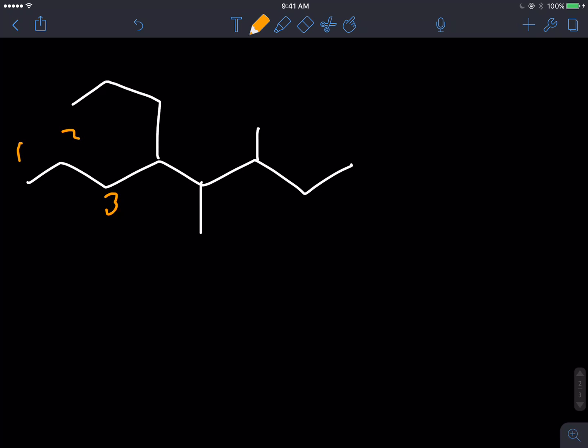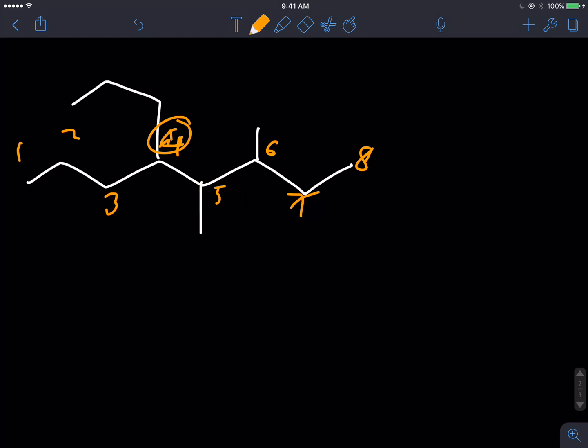So my parent chain is going to be 1, 2, 3, 4, 5, 6, 7, 8. I'm not going to go the other way because it makes less decision. Is that correct? Let's do it. 4, 5, and 6, so that makes 15.